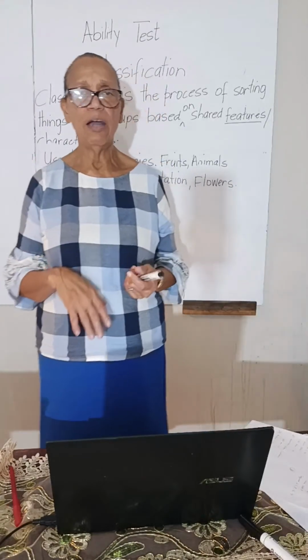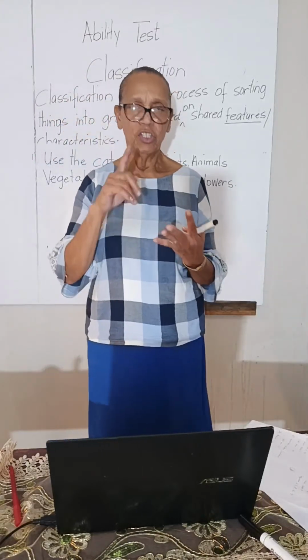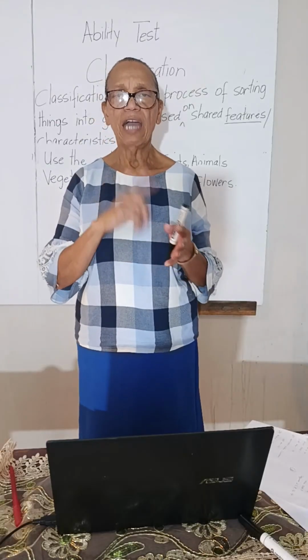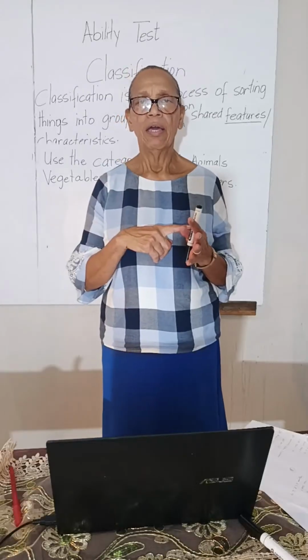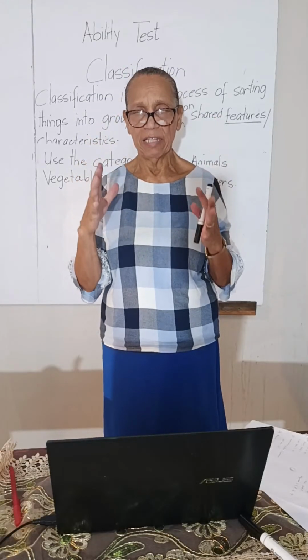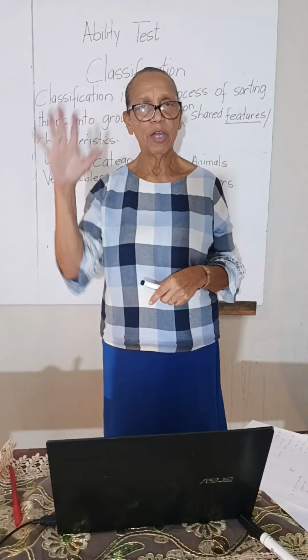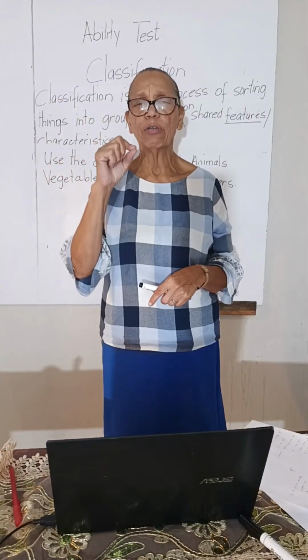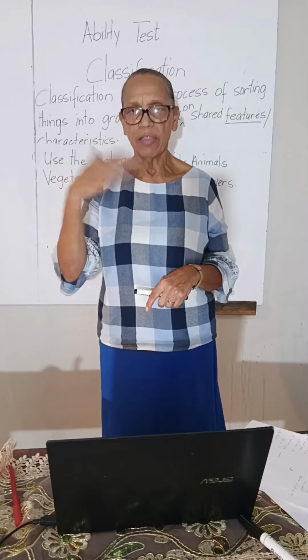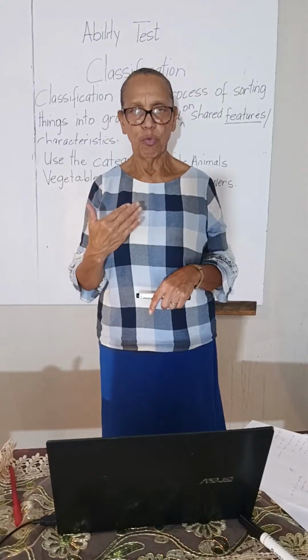So if I tell you about Mary, Jane, Pamela, Justin, and Carol, I'm giving you all girls' names except Justin. So you have to be able to spot the odd one or the incorrect one that does not belong to the group.